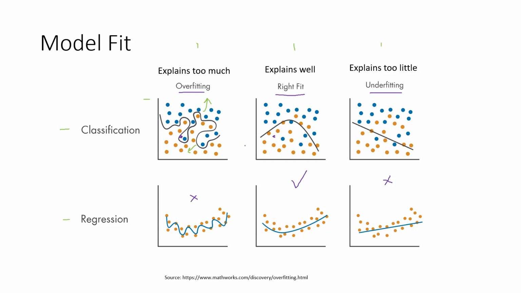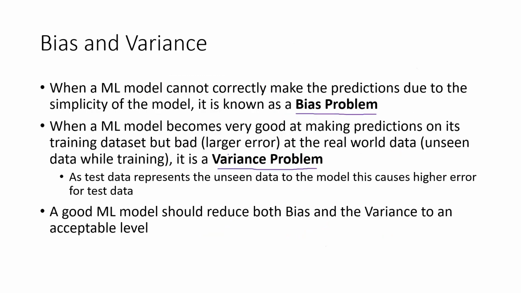So when you have new data like the data from the test set, it cannot predict correctly. In the variance problem, the model is very good at making predictions on its training set, but bad, meaning it has a larger error, for real world or unseen data.